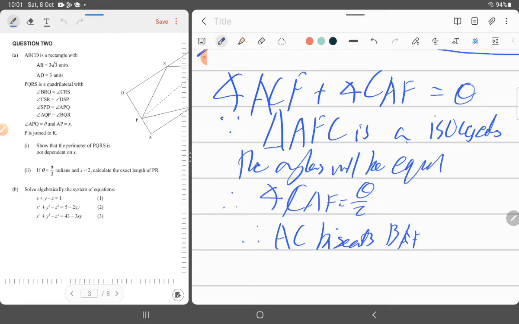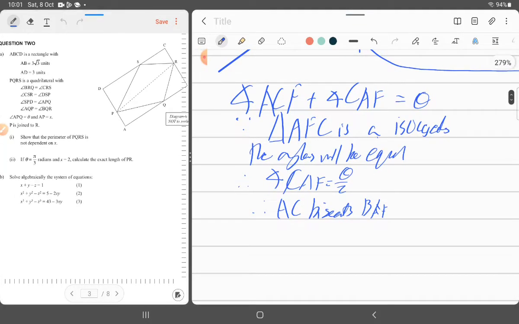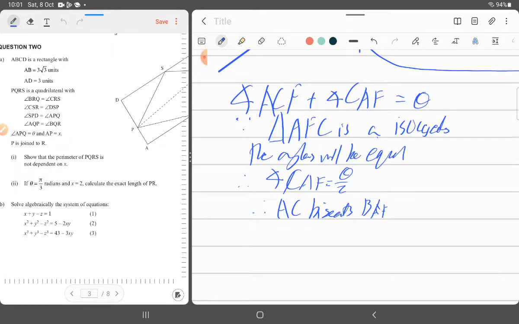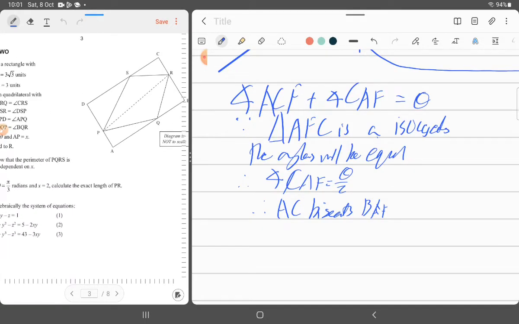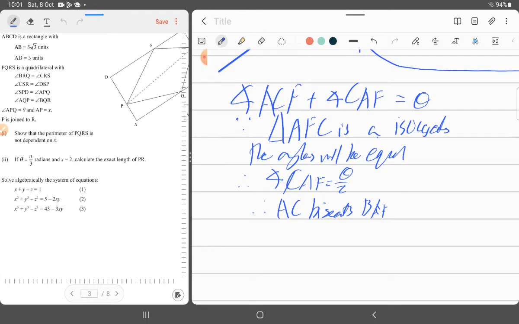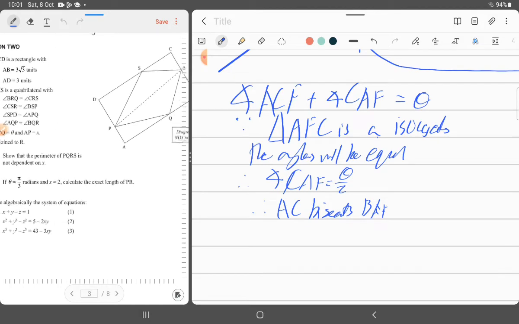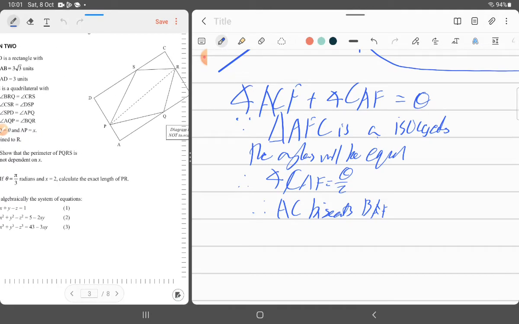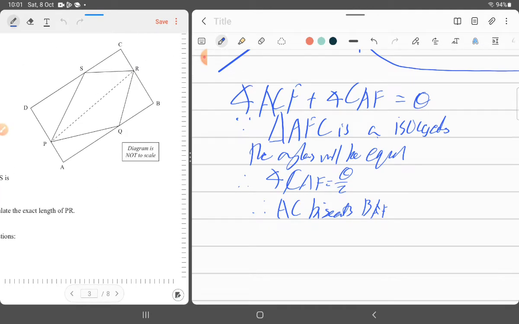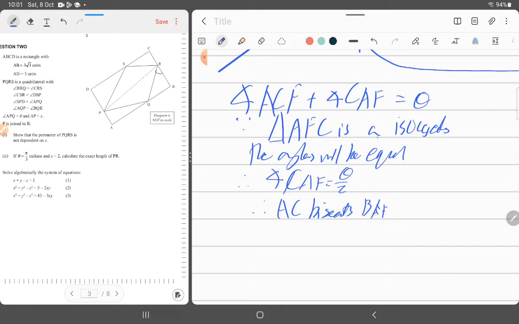Question 2. ABCD is a rectangle with AB equals 3 units. AD is equal to 3 units. PQRS is a quadrilateral with BRQ and AQR.